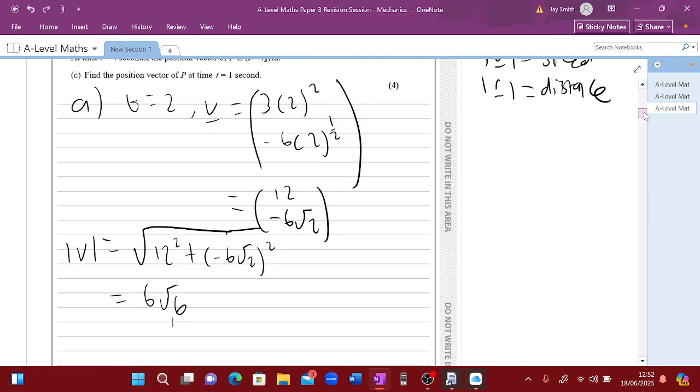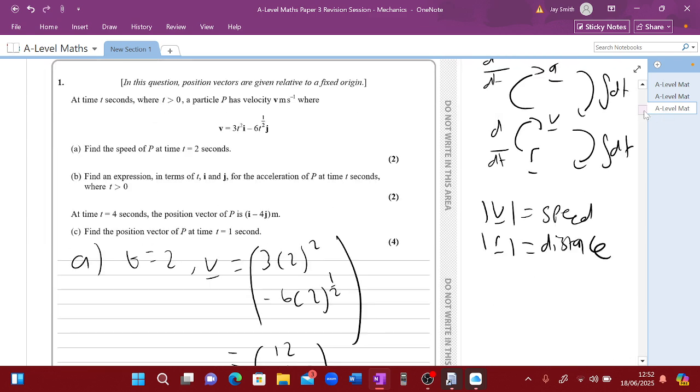Okay, and then part B, find an expression in terms of t, i, and j for the acceleration. There we go. So now, if we're going to go from velocity to acceleration, we need to differentiate the velocity vector, right? And so let's go ahead with that.